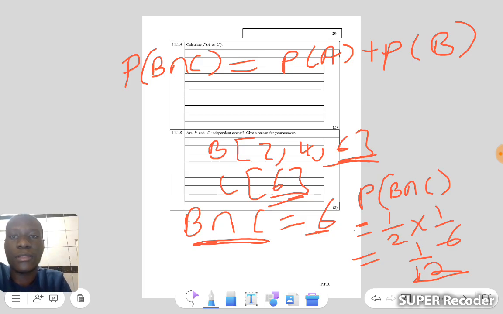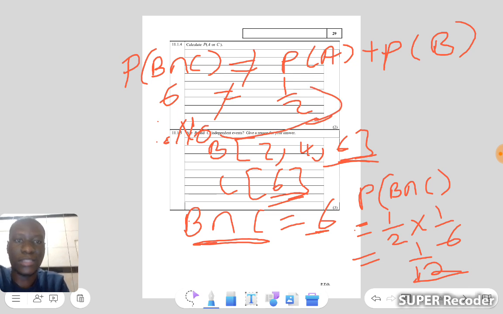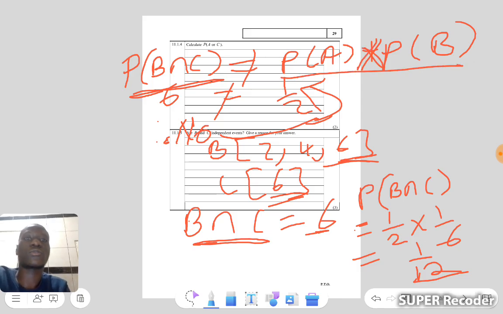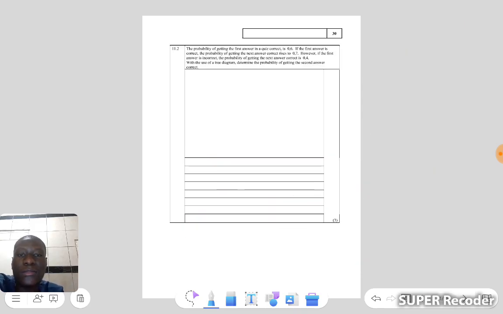Here we found 6 equals 1 over 12, so it is not equal. Therefore, no, because these terms are not equal. That's the reason. That's why they cannot be independent events. So let's try to move, guys.